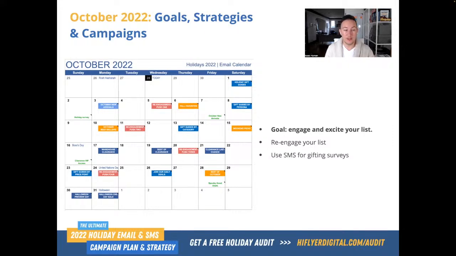Use SMS, that's the one in green. See holiday survey, and then you could do other surveys here and there, clearance, VIP access. Use SMS for gifting surveys. Hey, who are you gifting for this year? Boy, girl, husband, father, mother, whatever it may be. Use that data point in all your campaigns going forward for the entire season, right?